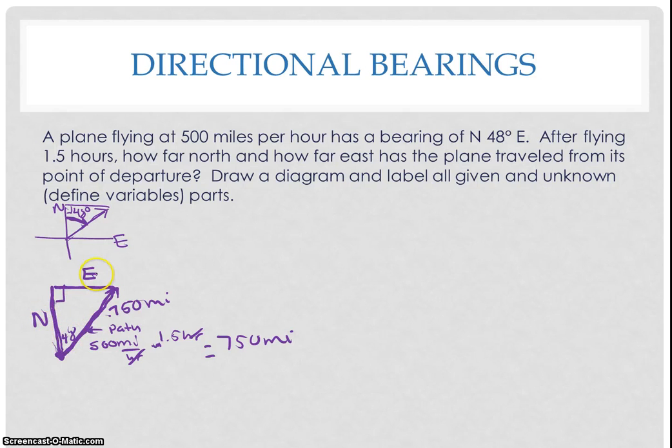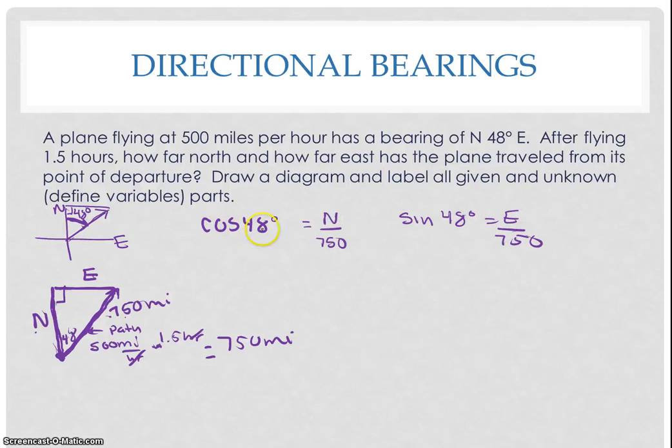So we have the hypotenuse, and I want to find its opposite and its adjacent side. So I can use sine, using opposite and hypotenuse, and cosine to find adjacent over hypotenuse. So let's go ahead and write those two equations. Okay, I went ahead and wrote cosine of 48 degrees is adjacent over hypotenuse, and sine of 48 degrees is opposite over hypotenuse. So ultimately I want to find N, how far north, and E, how far east I went.